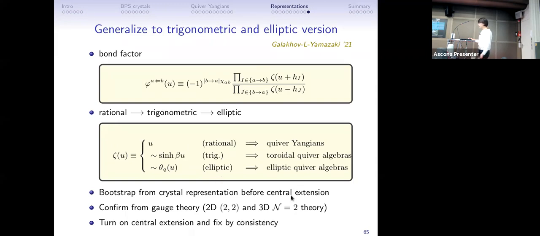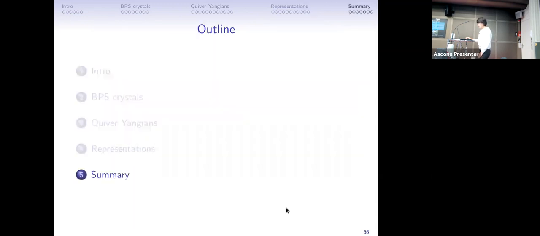It turned out that it's possible to have a central extension. The crystal now is the representation before the central extension. And then we can turn on the central extension and fix the algebra by some consistency condition. So the base theory would be the 2D theory for the trigonometric case, and for the elliptic case the 3D theory on a curve.